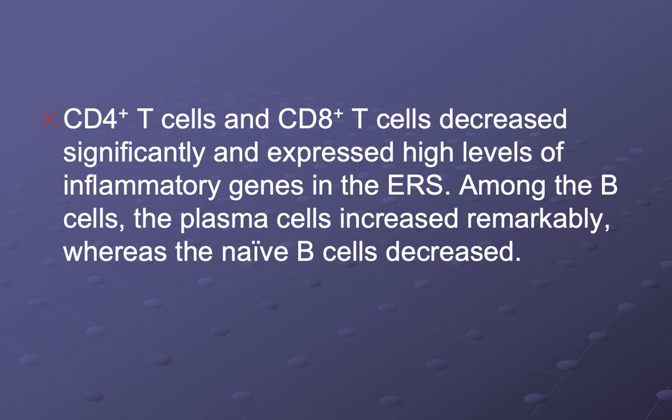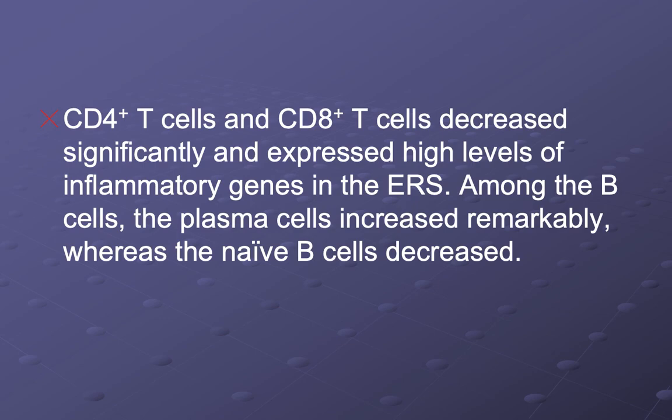Also, CD4 T cells and CD8 T cells, our helper and cytotoxic, they decrease significantly, and they express high levels of inflammatory genes. So you can still see yung mga traces of the inflammatory activity that COVID-19 is actually well associated with.